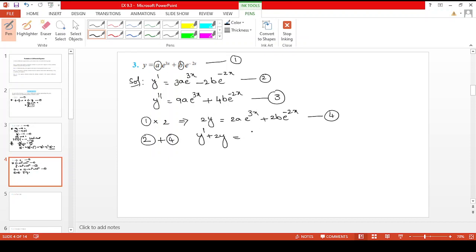So adding them will give you 3a e power 3x plus 2a e power 3x, which is 5a e power 3x. So from this one, I can write down a into e power 3x value as y dash plus 2y divided by 5.